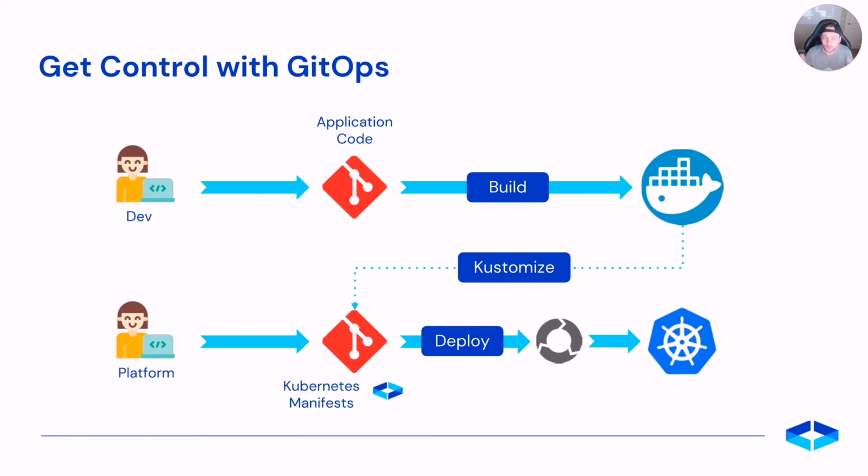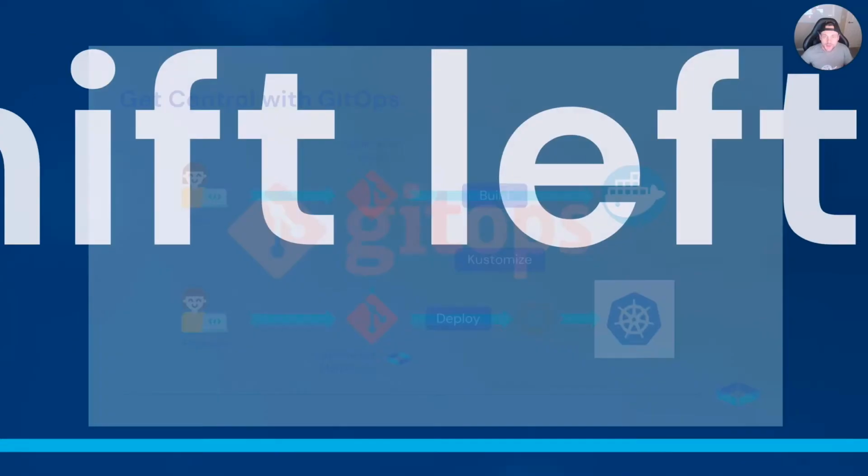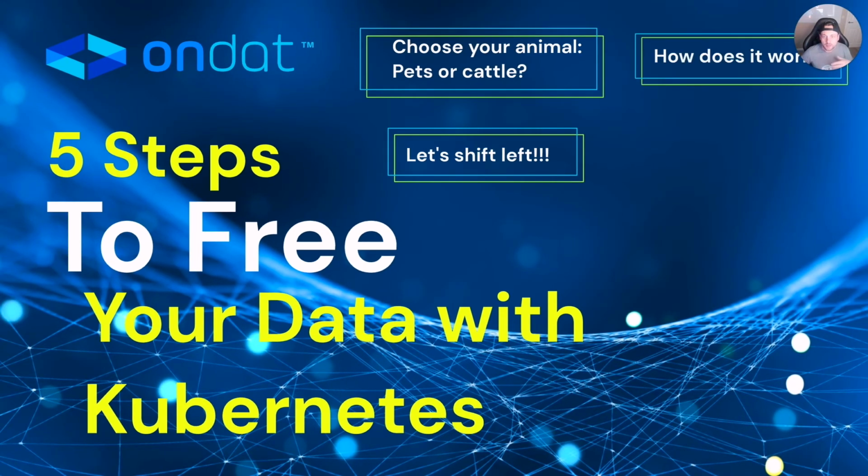So for example, you can deny any change that doesn't have the proper number of persistent volume replicas or doesn't have encryption enabled. So besides automation capabilities, GitOps principles also allow you to improve control and in the end, shift compliance left. Now that we have described some of the Kubernetes patterns around data management and mapped them out to OnDat capabilities, let's take a look at what that means from a business architecture perspective.